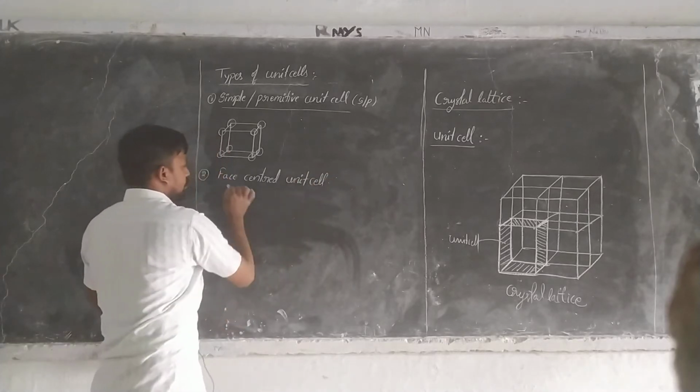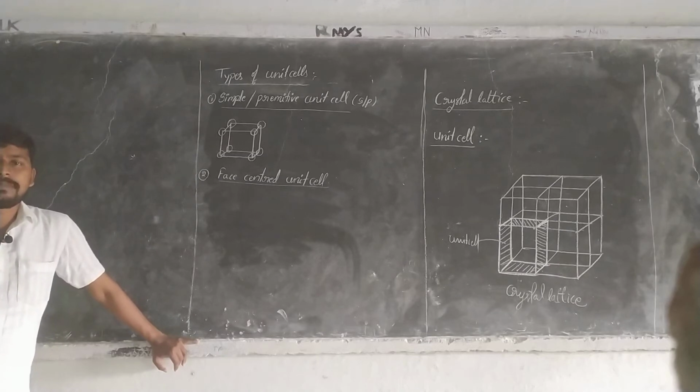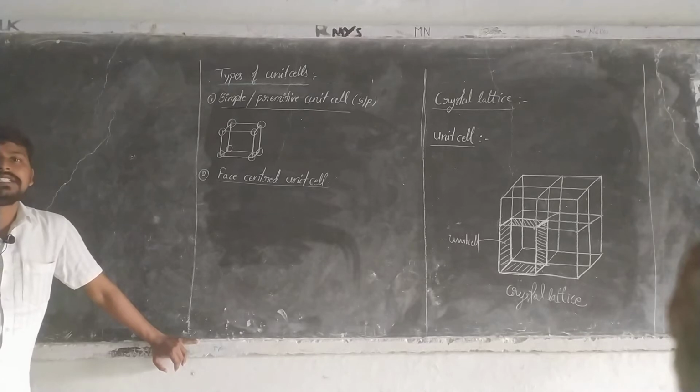Face centered unit cell. So face centered unit cell means if constituent particles are present at the corners of the unit cell as well as the center of the faces also.